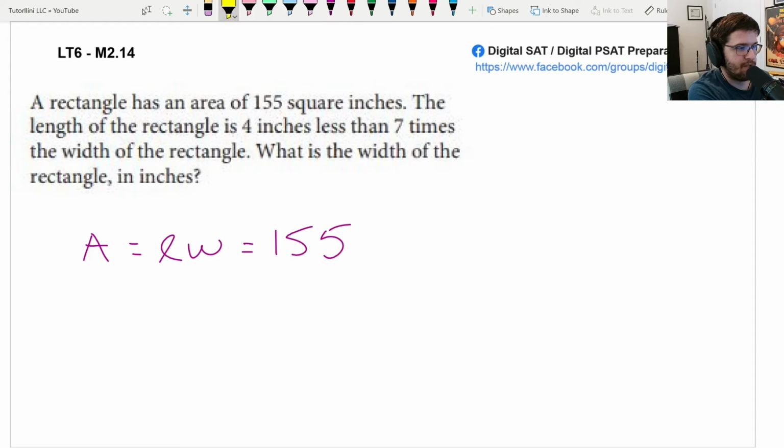And they also tell us, this is really important, the length is, okay, so L equals 4 inches less than 7 times the width. Less than is like a turnaround word when you do a difference. So you have to do not 4 minus 7w, you have to do 7w minus 4.